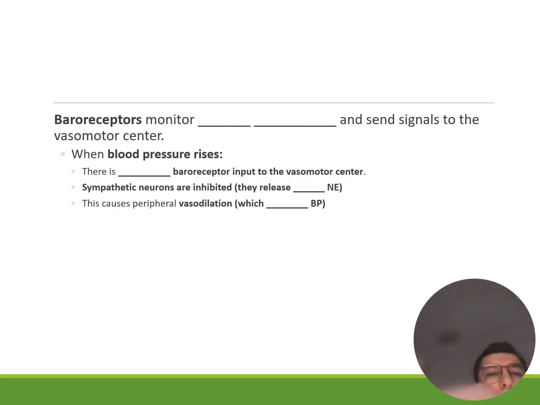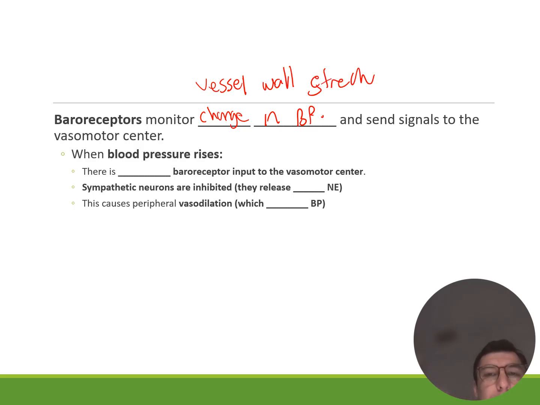So again, baroreceptors are monitoring changes in blood pressure, and this is through vessel wall stretching. So when the vessel wall is stretching, it will activate or decrease activation of the baroreceptor.